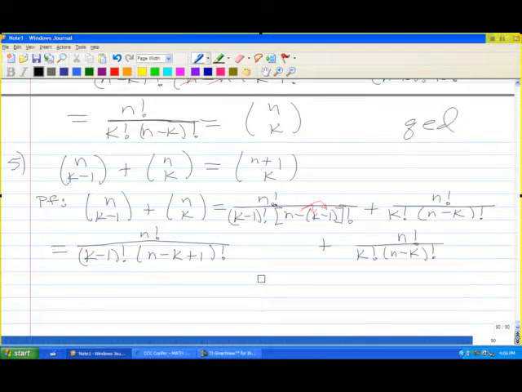So now I want a common denominator. In order to add fractions, I need a common denominator. The common denominator is k factorial, n plus 1 minus k factorial.